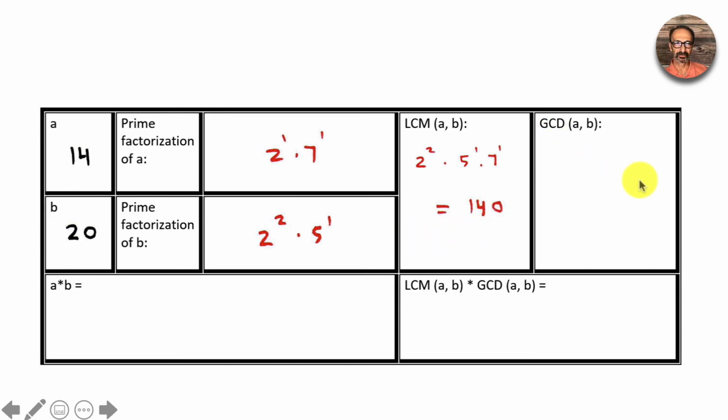Greatest common divisor, less 2's, less 5's, less 7's as exponents. And I'm saying less and more, but that's not the main way books say it. But I want to try to speed up the process, focusing on more and less exponents as of prime power factorization. Okay, let's check. 14 times 20, 280, and LCM times GCD is 280.